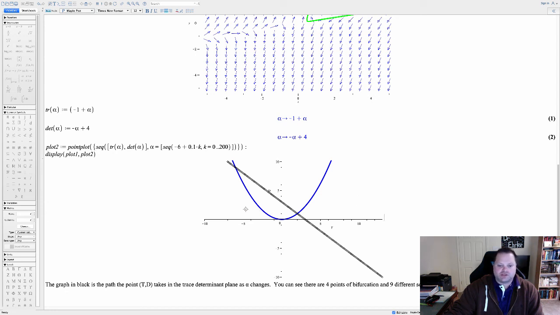Then if it starts inside here, you might never see a nodal sink. The point is, you don't have to always be able to change a parameter and get every solution behavior, but anytime this sequence of points crosses the critical polynomial or one of the axes, that's a point of bifurcation.